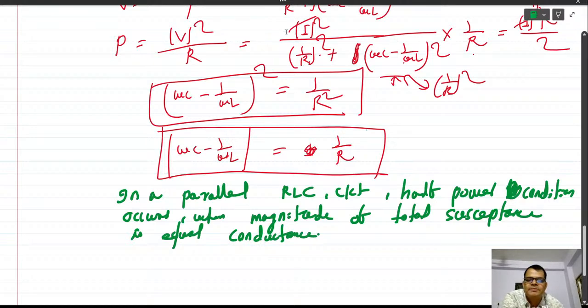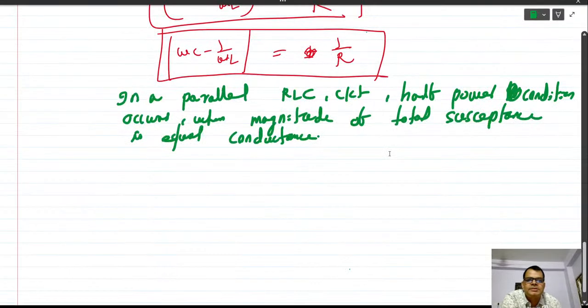Okay, this is the condition for the half power frequency in a parallel RLC circuit.